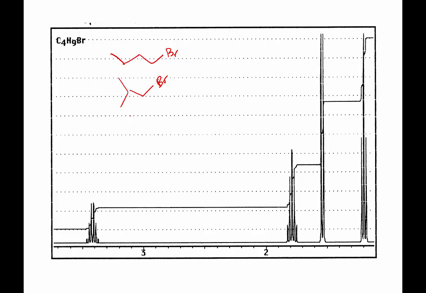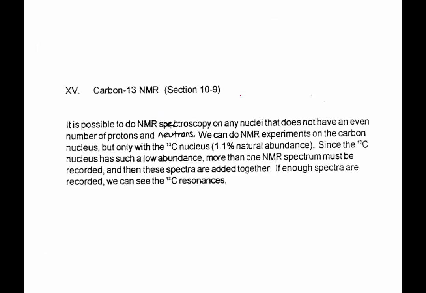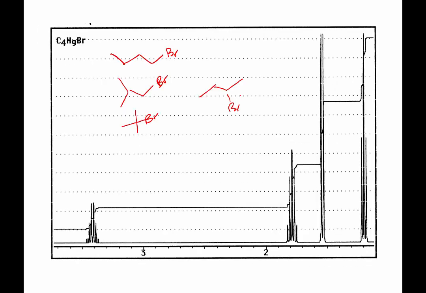We have a tertiary bromide. And we've got a sec-butyl bromide, right? So we have 4 different bromides of butane that are possible. And I think we have 1, 2, 3 spectra. So one got left out.